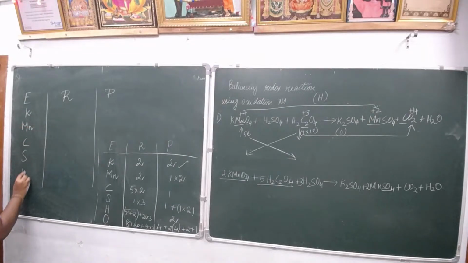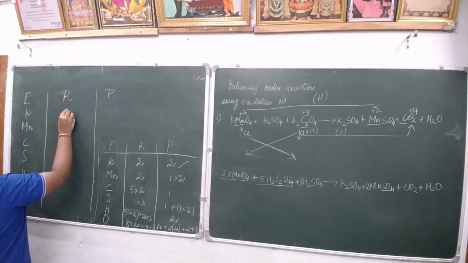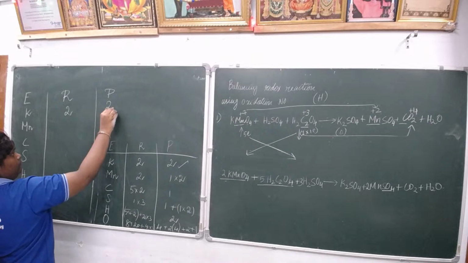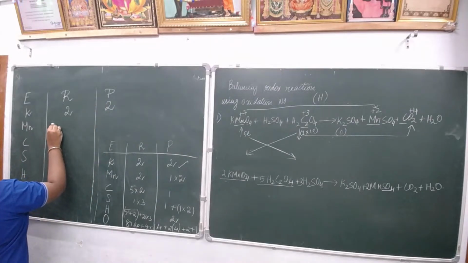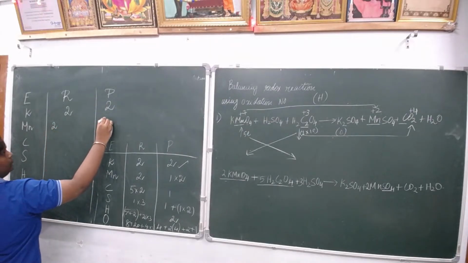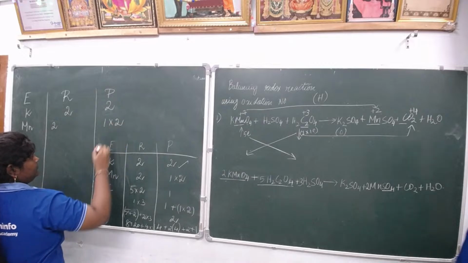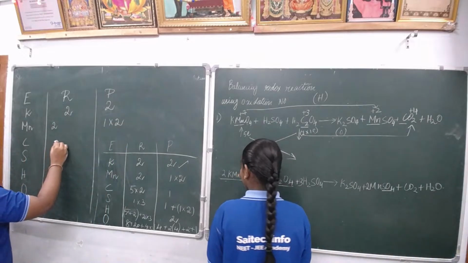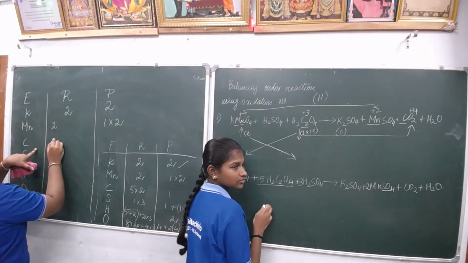So potassium, manganese, carbon, sulfur, hydrogen. Rewrite everything. 2, we already did. Tick mark. Put tick mark for carbon.